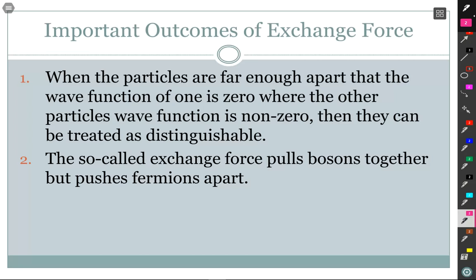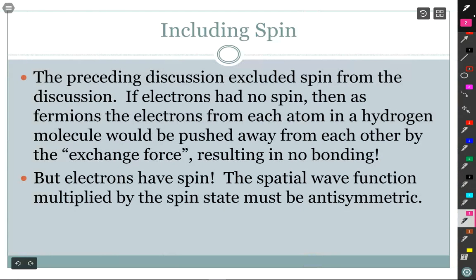Second, these exchange forces pull bosons together but push fermions apart. So how is this going to play into what I promised at the outset, talking about bonding and antibonding orbitals? Well, for starters, we have to include spin. So we talked about spin. If we're talking about two particles, the two particles could be in a singlet state or a triplet state.